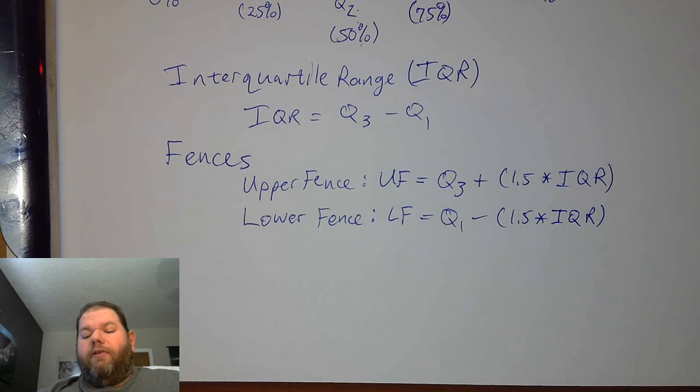The way we determine if a number is an outlier is that any data value that is not between the lower and the upper fence is an outlier.